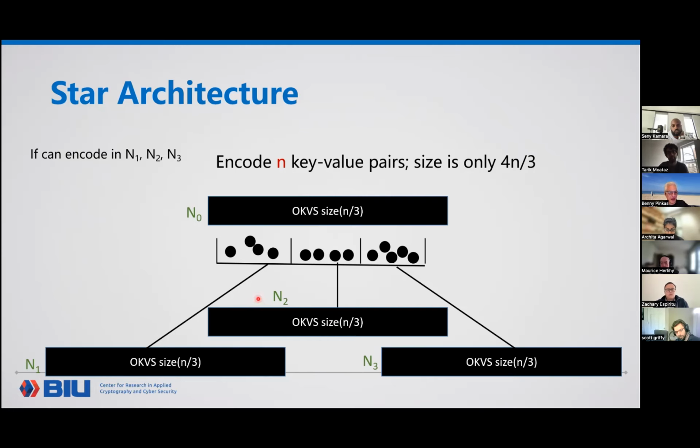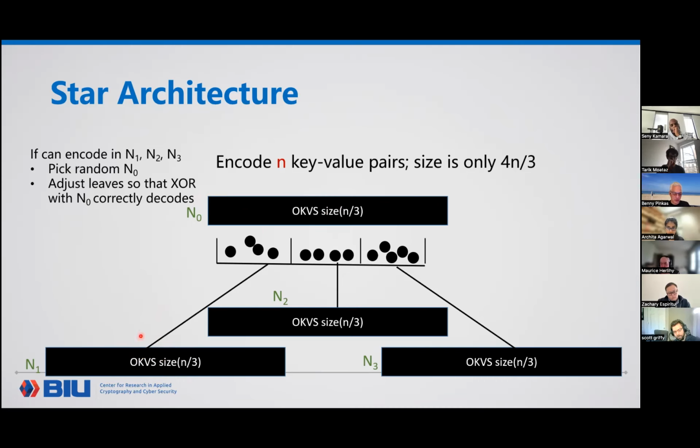So if all 3 tables at the bottom have keys that can be successfully encoded into them, then I put completely random values here, and I put here things that, together with what I have here, will work well. Suppose I had a key A that was mapped here.